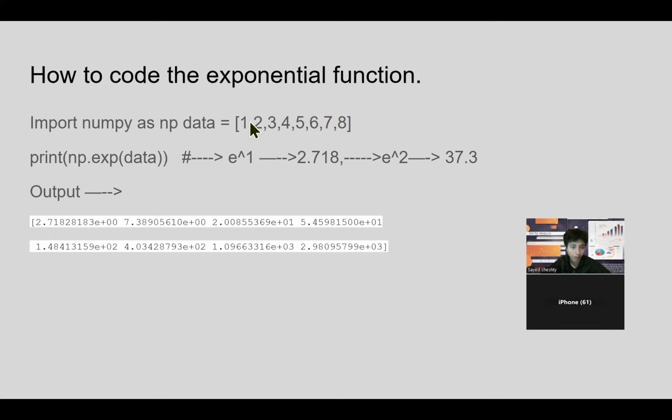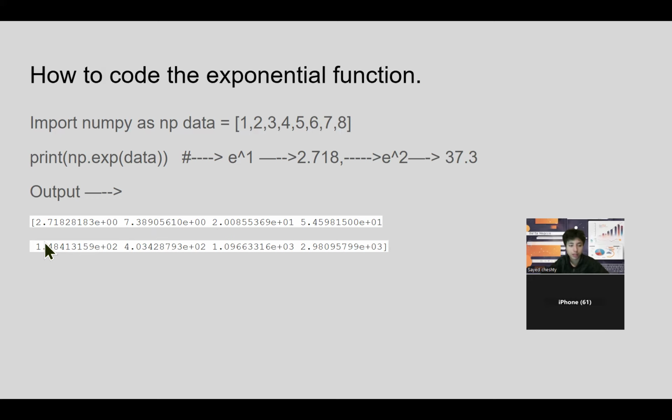2.7 for 1, 7 for 2, and so on. It's just all mixed up, but it will show you how it is.